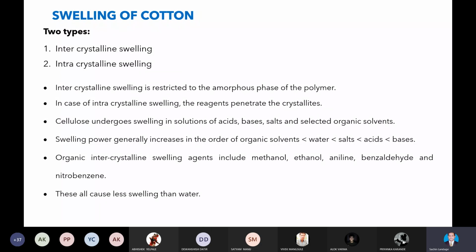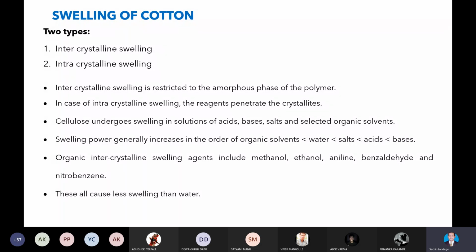Now, if you see the polymeric chains, as I told you, in the amorphous region polymeric chains are apart from each other. And yesterday we have seen the structure of cellulose. In the crystalline region, the free hydroxyl groups form bonds with the neighboring polymeric chains because of the compactness.